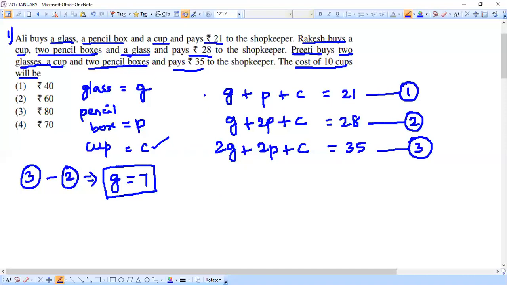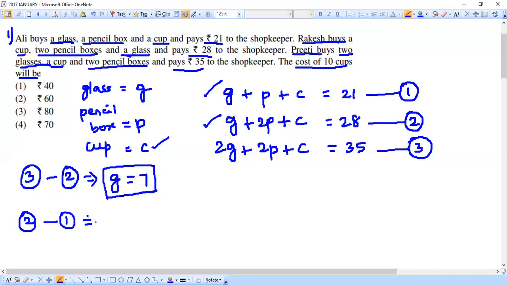See here, we have equation 1 and equation 2. Once again, here we have G and G. And if you see here, we have 2P and P. Again, in equation 1 and equation 2, the G terms and C terms are common, is it or not? So once again, we can subtract equation 2 minus equation number 1.